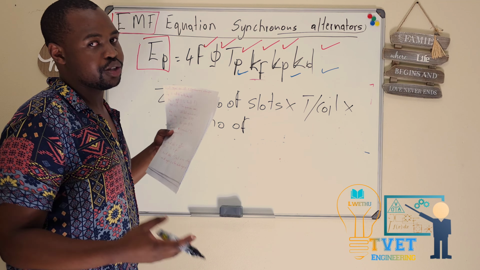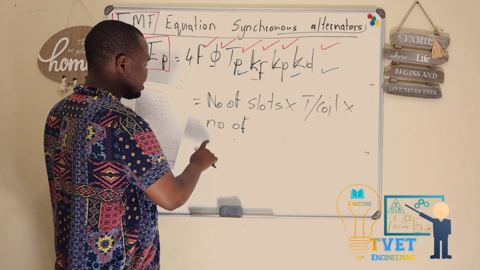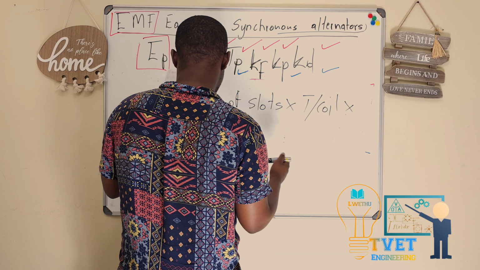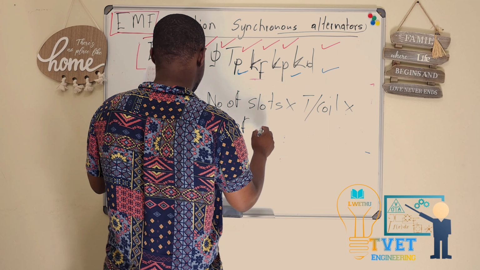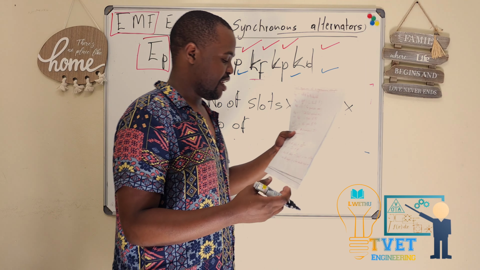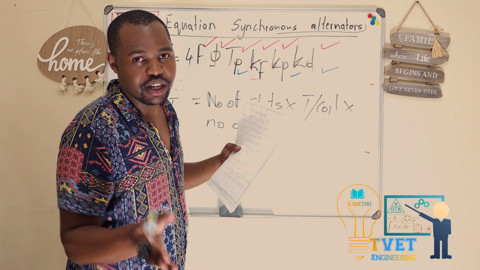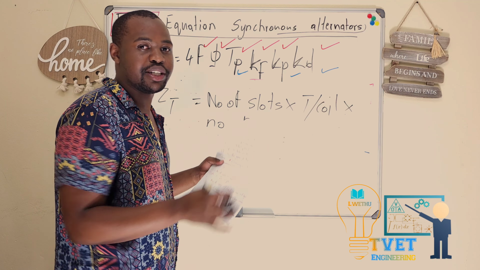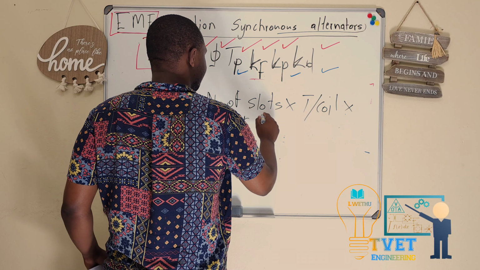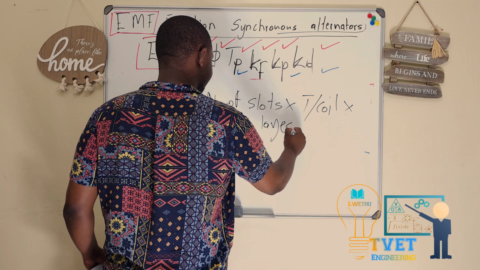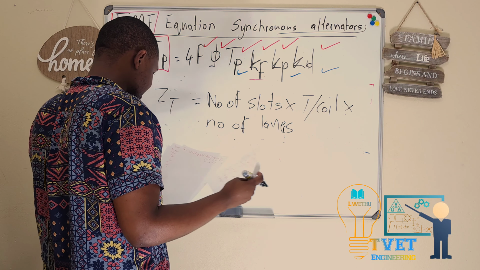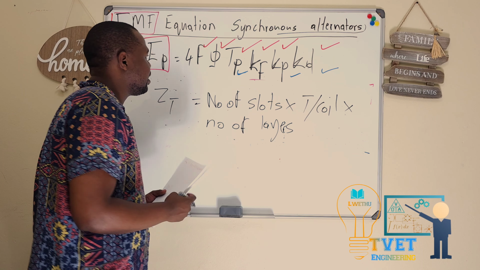Immediately the question will normally say double layer. Where it says number of layers, you put 2. When it says we have a double layer winding or triple layer winding, we put that number.